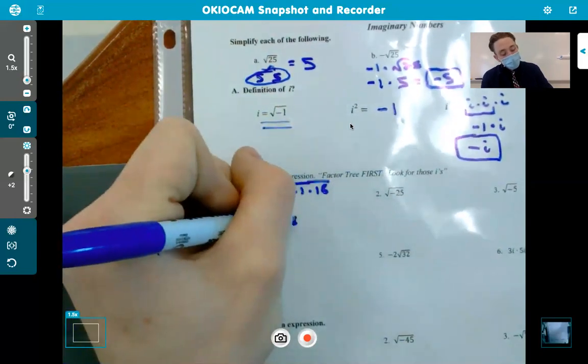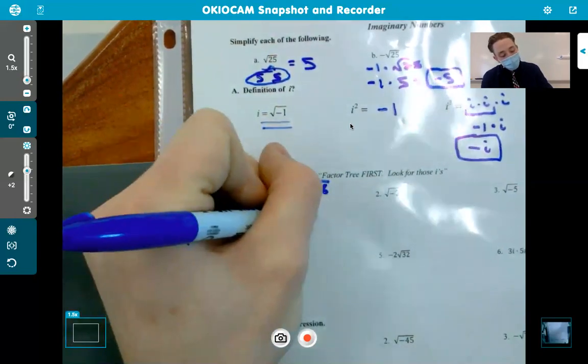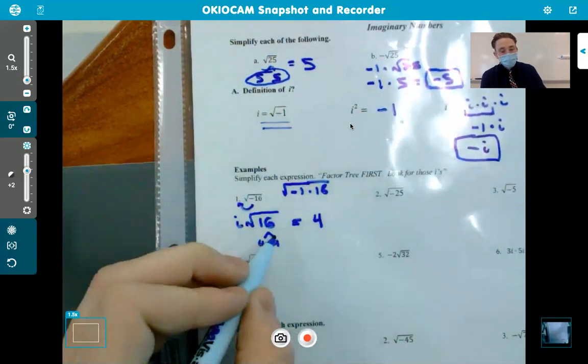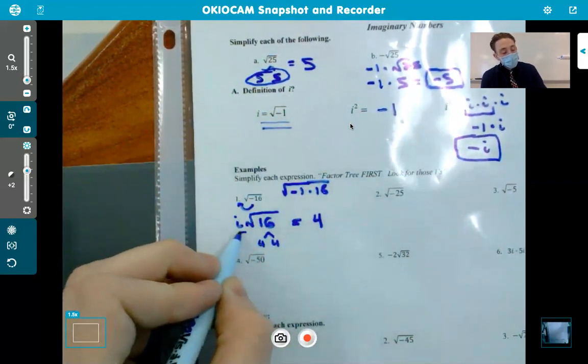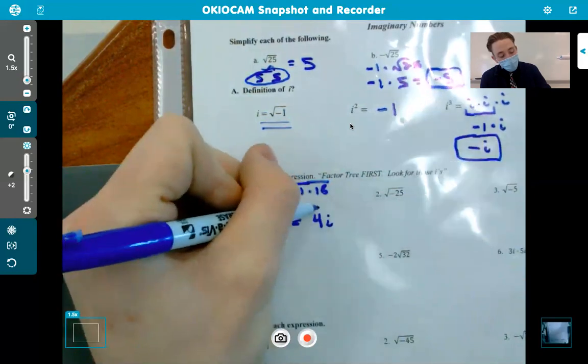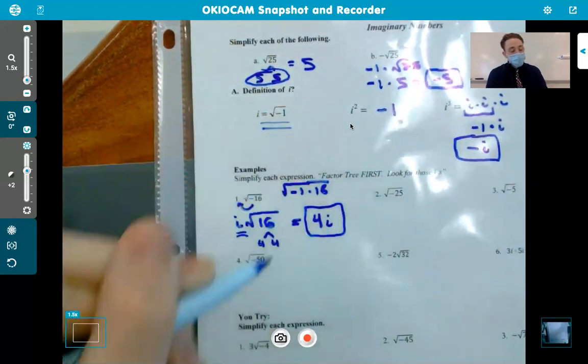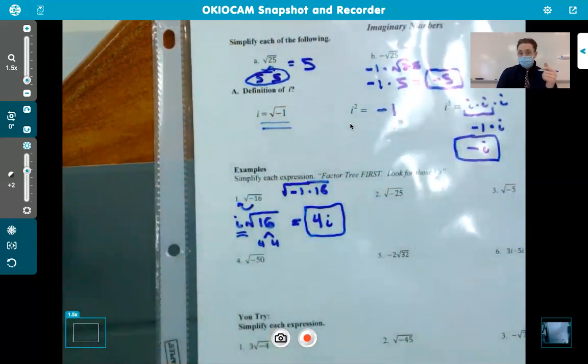When I simplify this, I'll write the square root of 16, which is 4, but I need to multiply that I out in front, and I leave my answer as 4I. Okay, so the steps for simplifying aren't necessarily too new to us, hopefully, if we've seen square roots before. It's just the fact that we have to take the I out to start.